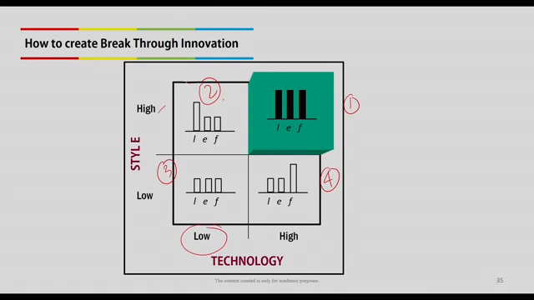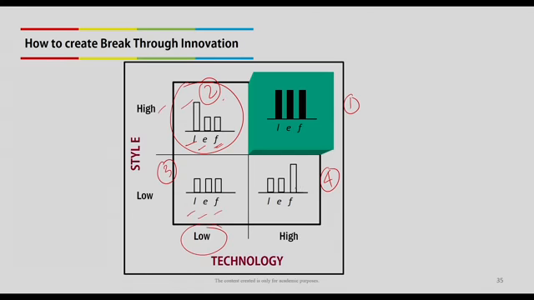In this particular quadrant, L is for lifestyle impact, E for ergonomics and F for functional features. So, in this quadrant the lifestyle impact is very high, while ergonomics and functional features are low. In the third quadrant, lifestyle impact, ergonomics and functional features are all very low.